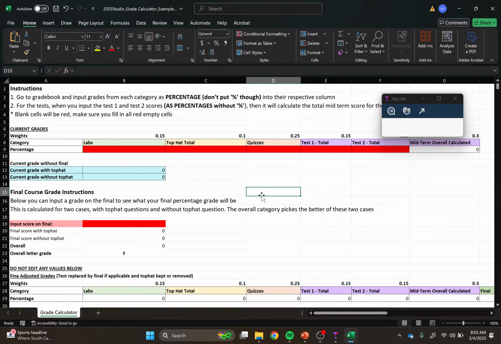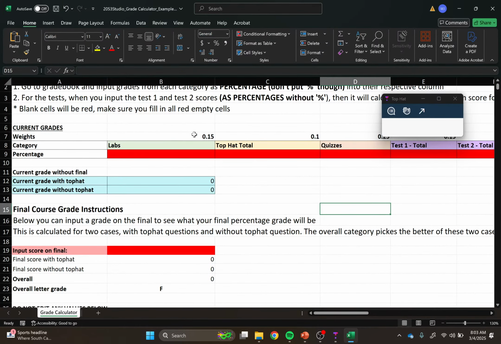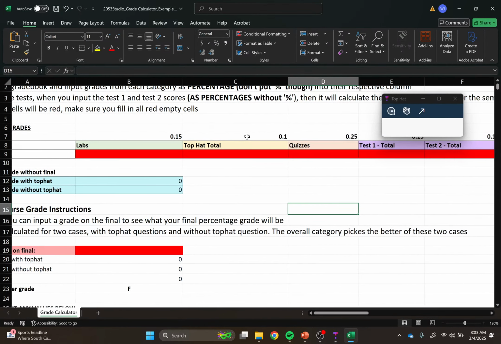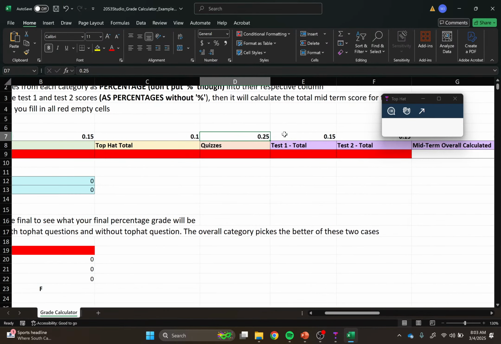Here's what the document looks like. If you remember from the syllabus, there's various grade categories. I'm going to zoom in up top. You have the labs, which are worth 15% of your grade. The Top Hat is worth 10%. Quizzes are worth 25%.